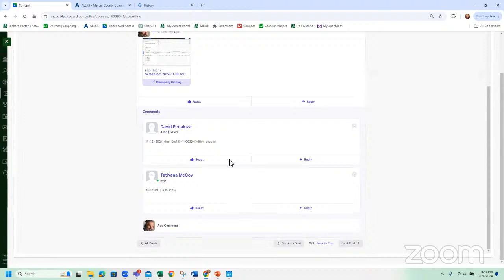All right. It looks like David is doing another evaluate written as a solve. And Tatiana, you have to put the 2021 in parentheses to be S of 2021 equals 9.3 million. I like Tatiana's the best.